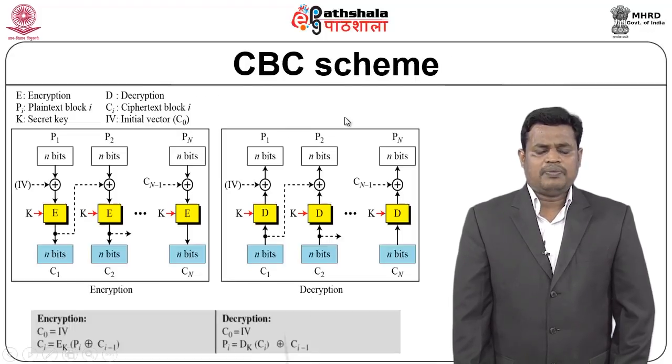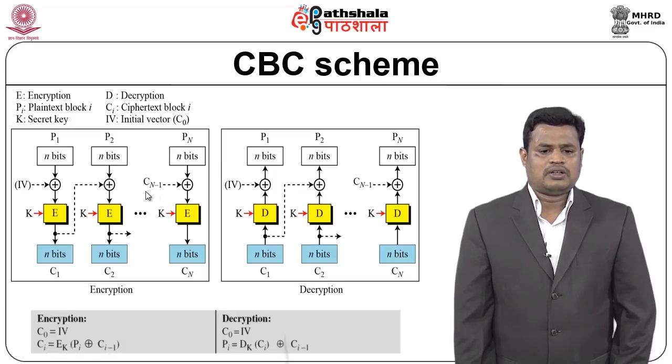In the CBC scheme, the diagram is similar to that of ECB, but we can observe two changes. One is that for the first block there is an IV, the initial vector, whereas the second block always takes its input from the output of the previous block.